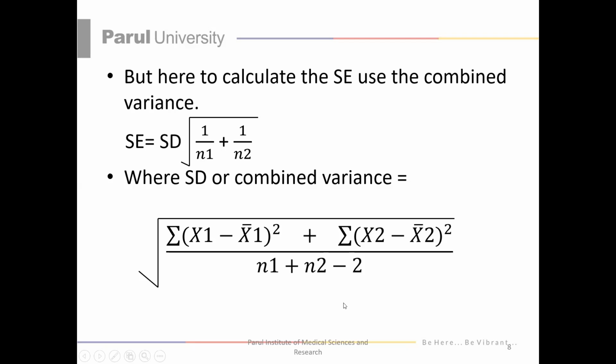This is the formula for the combined standard deviation of the two populations. The standard error of difference of mean is equal to this combined standard deviation multiplied by the square root of 1 upon n1 plus 1 upon n2. This is the formula for the standard error of difference of mean.